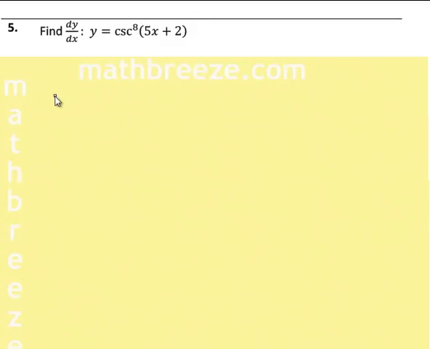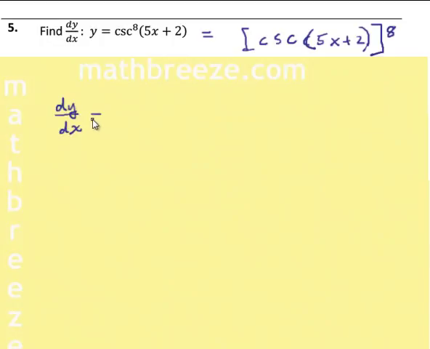Here again we're going to do the chain rule, and again I'm going to rewrite using a bracket notation for that exponent. So we have cosecant 5x plus 2, and I'm just putting the exponent outside the bracket. Now I'm ready to start the derivative. Using the chain rule, we're going to bring down the 8. And subtract 1 from the exponent.